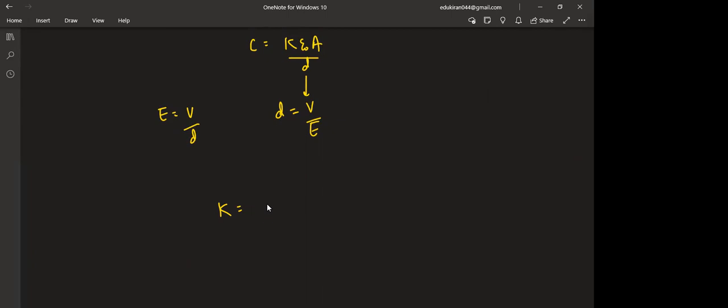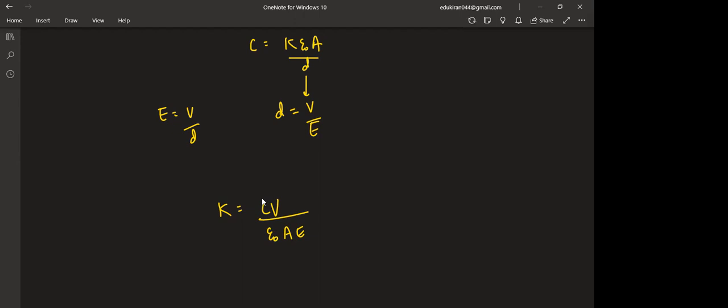K will be CD divided by epsilon naught A. Because instead of D, we have substituted V by E, so K is CV by E epsilon naught A.